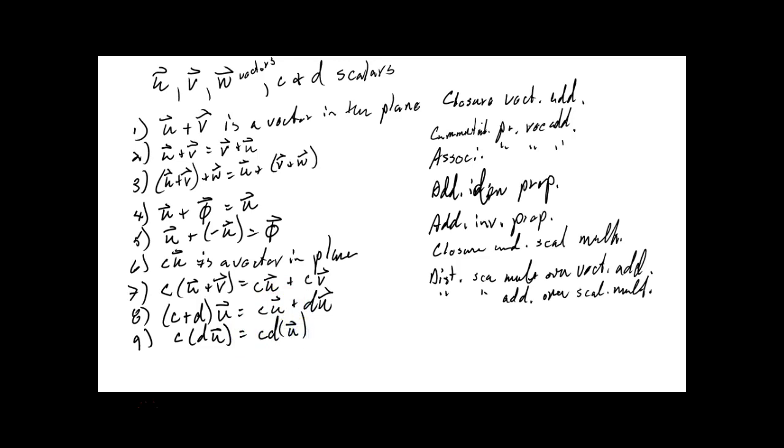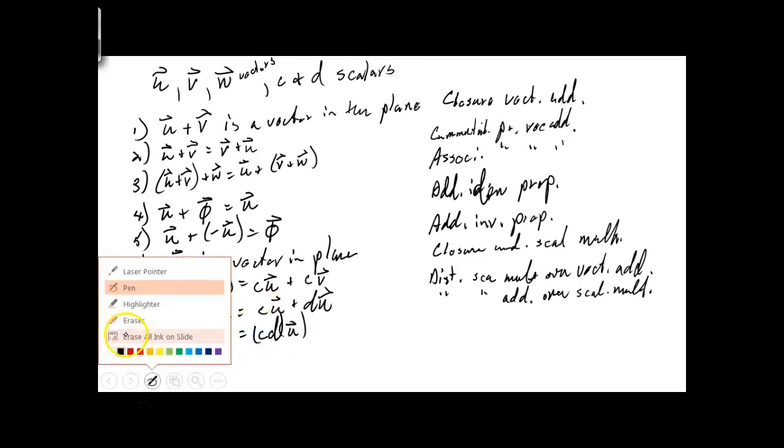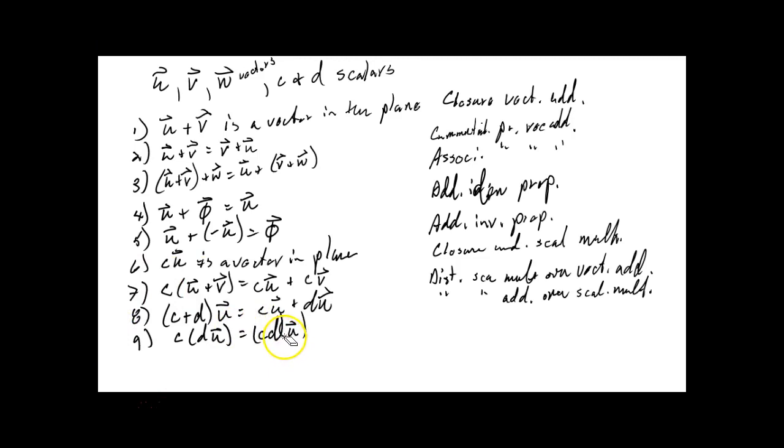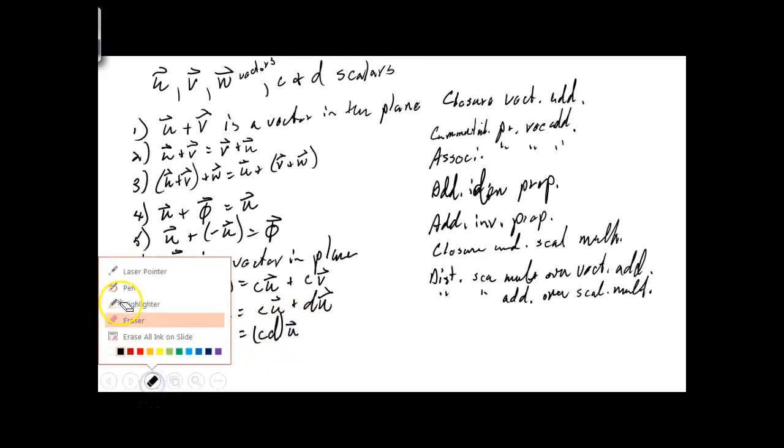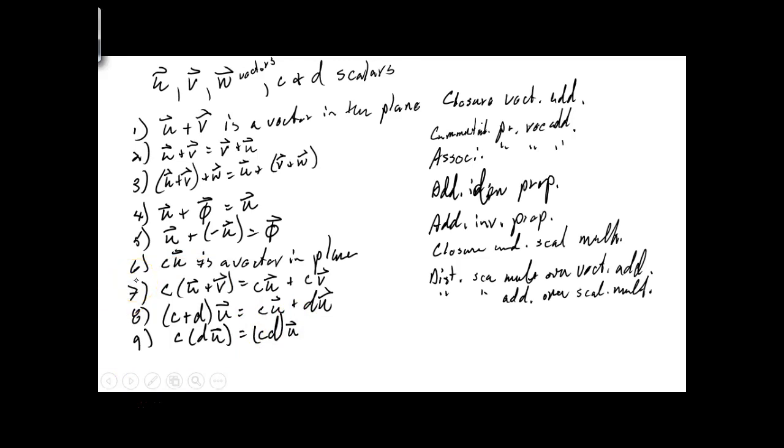They put the parentheses there. Now, that is one form of associative property.